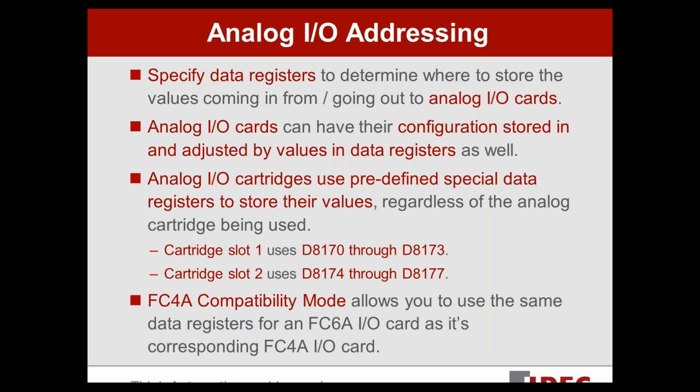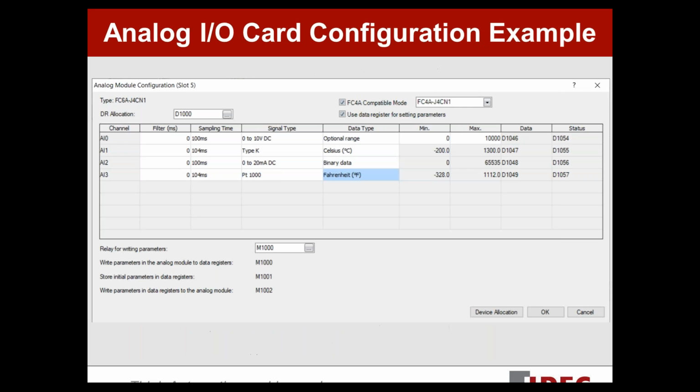So in other words, you don't have to go through and remap all your analog I/O if you don't want to. You can use those same data registers that they were mapped to before in the FC6A, FC5A PLC, which is kind of handy. Okay.